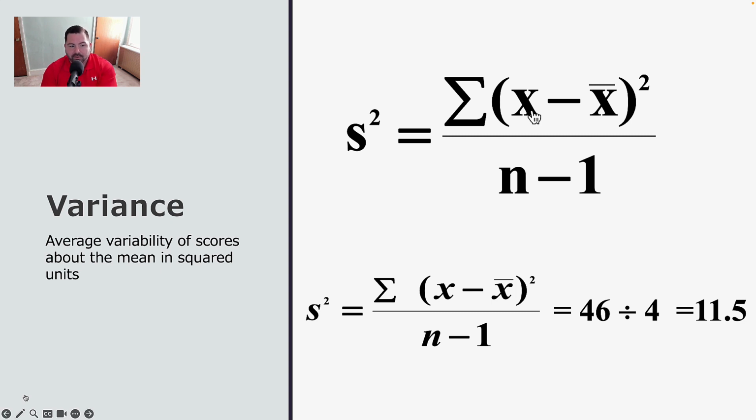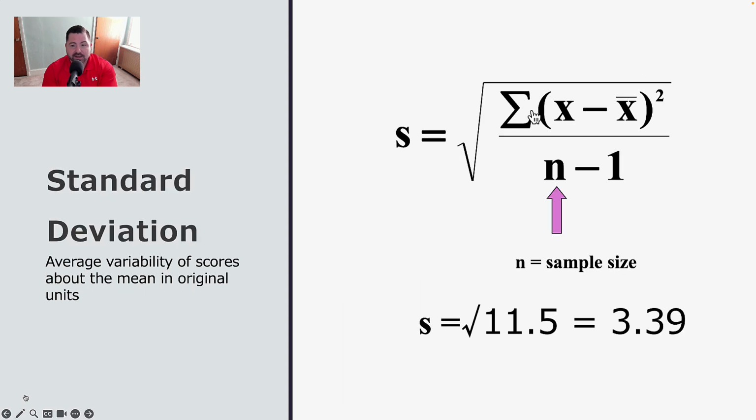Remember, dispersion can be represented in terms of range, variance, and standard deviation. We're summarizing the average or the typical expected variance from each person in the data set in squared units with variance and in original units with standard deviation.